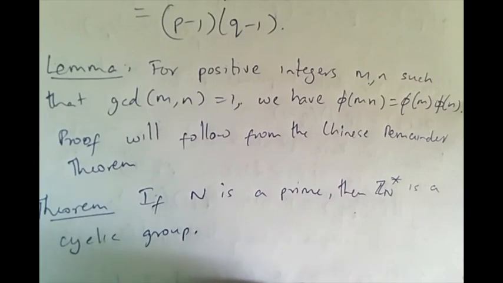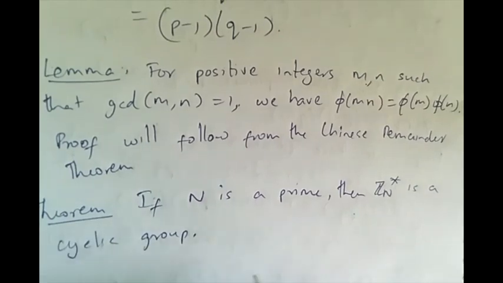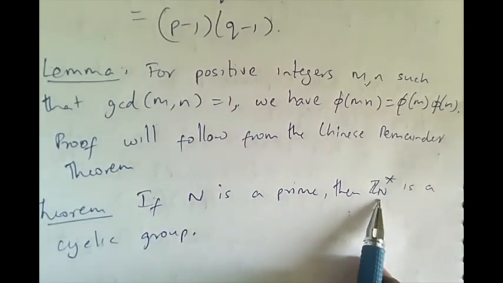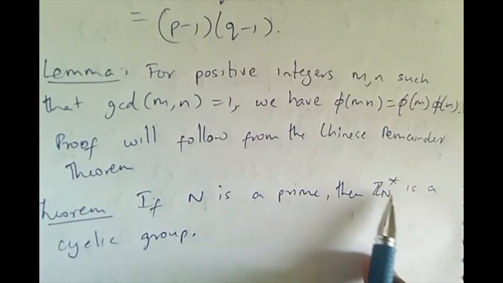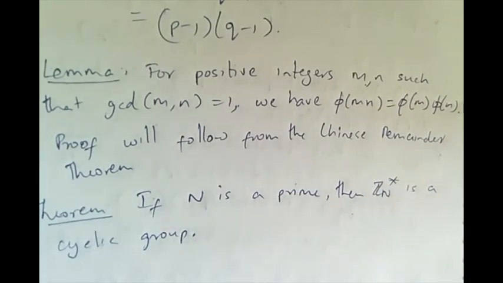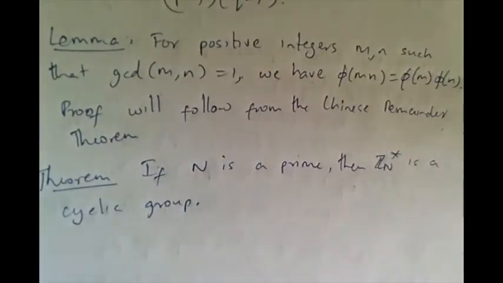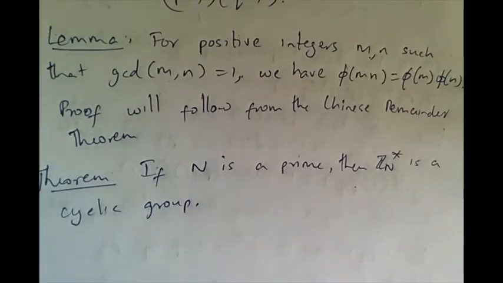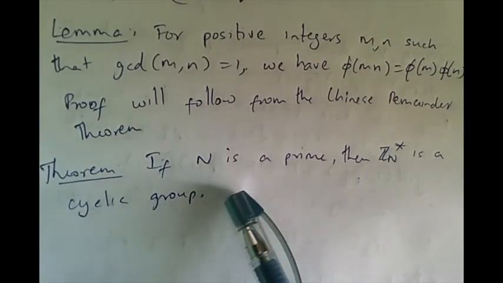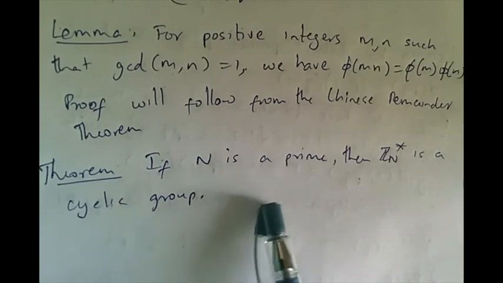This theorem, which we will not prove, says that there exists some element such that when you multiply it again and again, it will generate the whole group Zn star. This does not follow from Lagrange's theorem, because n is a prime, and the cardinality of Zn star will be n minus 1. So it doesn't follow from Lagrange's theorem. So that ends our discussion of Zn star for now. We will next discuss the Chinese remainder theorem.